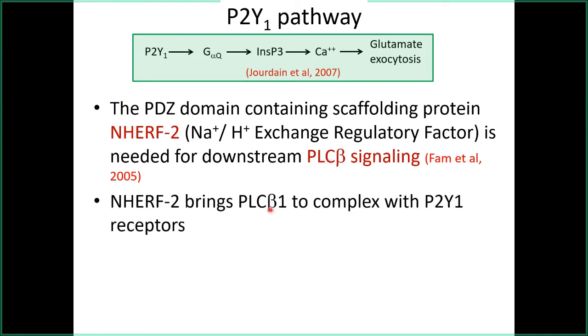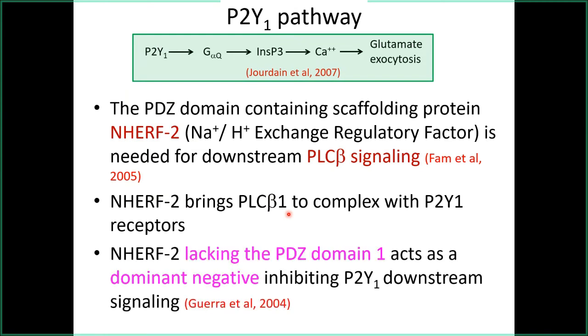So the scaffolding protein NHERF2 is necessary for PLC beta 1 downstream signaling via the P2Y1 receptors. So a dominant negative that lacks the first PDZ domain, a truncated version of NHERF2, acts as a dominant negative.